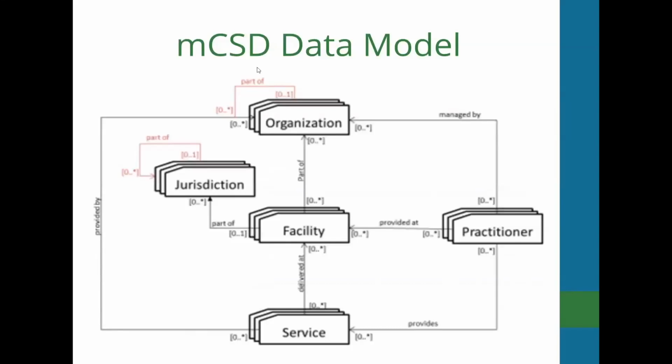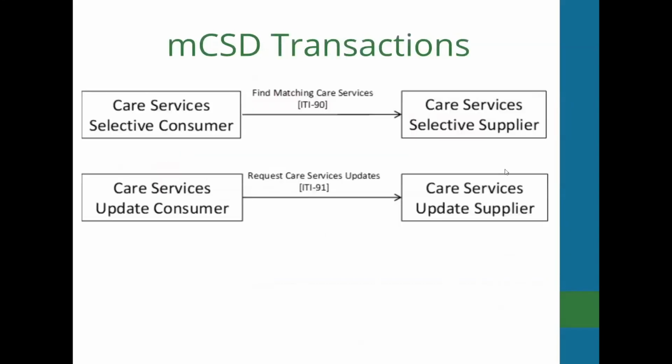It's just how it ties into the underlying mCSD, since it's based on FHIR, has a little bit of a difference there. Again, CSD and mCSD are very, very similar, but just going with the latest one for now, there are two transactions in mCSD.